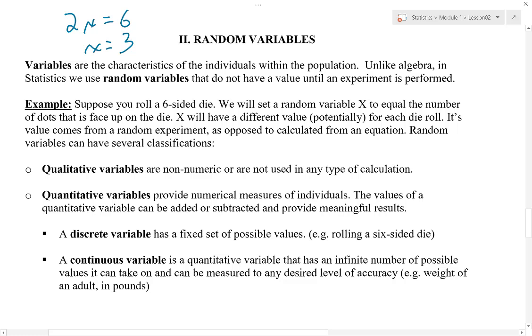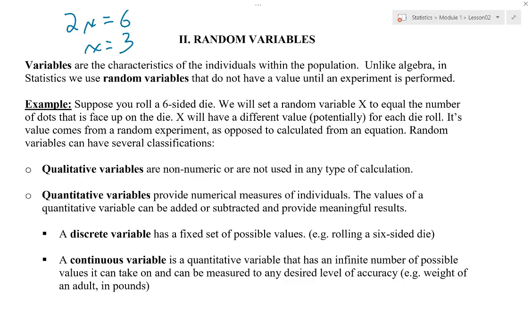In fact, the variables that we're dealing with here, for the most part, are what we call random variables. So in the equation above, 2x equals 6, x has a fixed value. It has a value of 3. We don't know that it's 3 until we perform whatever equation solving processes that we use. But it has a fixed value. We just have to find it.